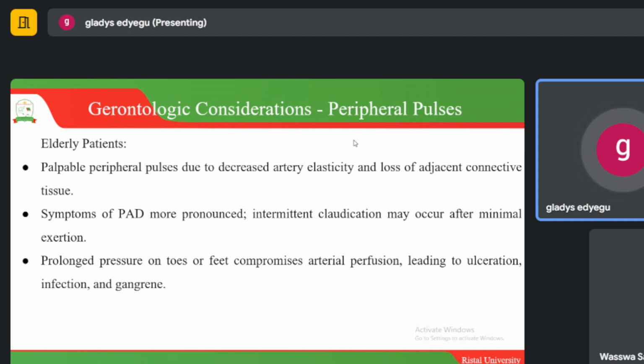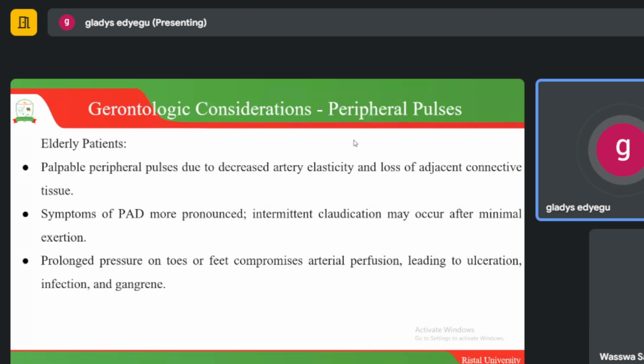They degenerate and their functioning will not be as that of a young adult or a child. So when you're assessing their pulses, this is what you realize. There are palpable peripheral pulses, and it is due to decreased artery elasticity. The arteries are decreasing their elasticity.